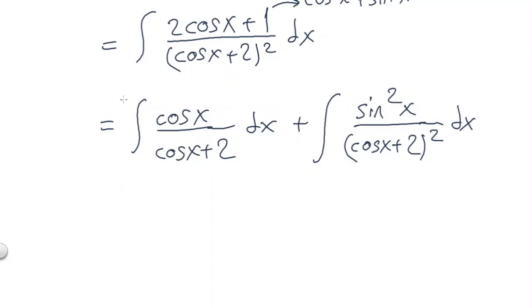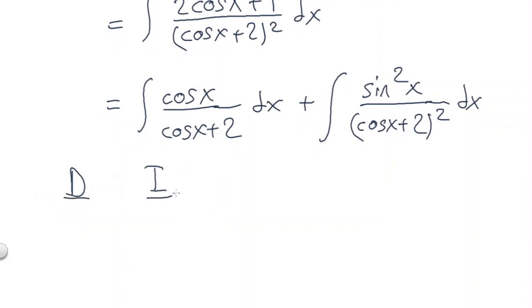So let's try to do integration by parts on this thing. I'm just going to do the DI method, which is the fastest way to do it. Of course, I can integrate 1 over cosine x plus 2, but I don't want to do that. So let's just differentiate this thing, and integrate cosine x.